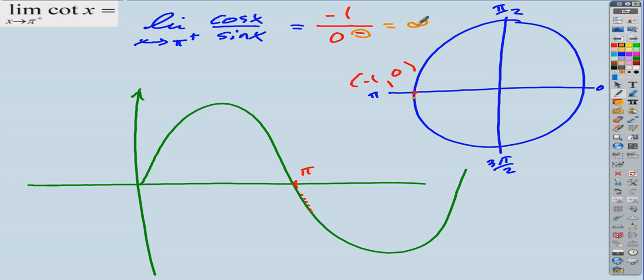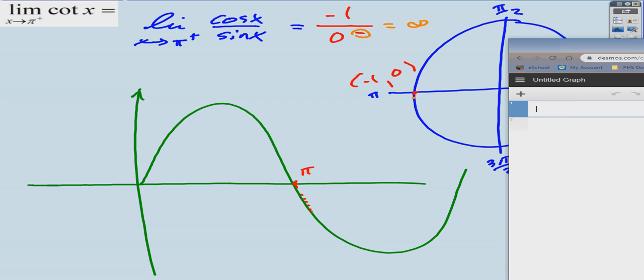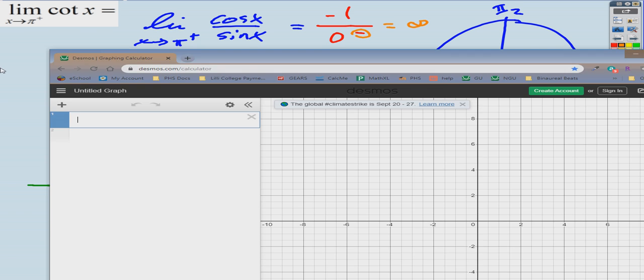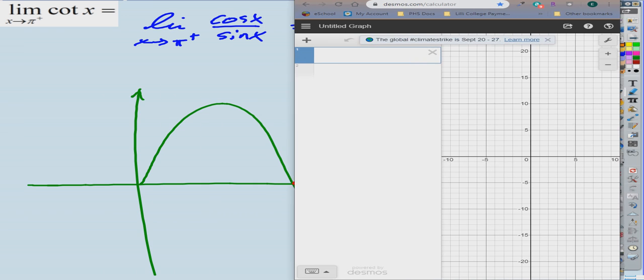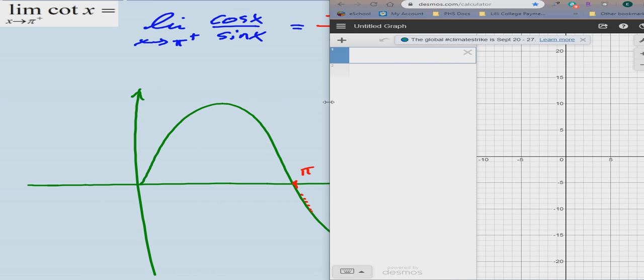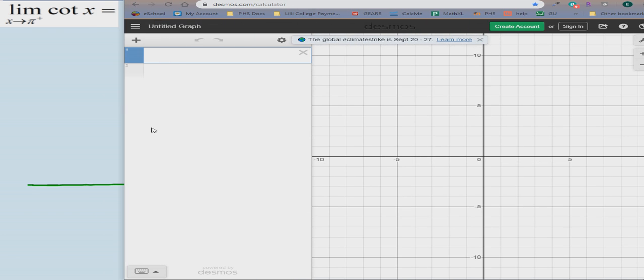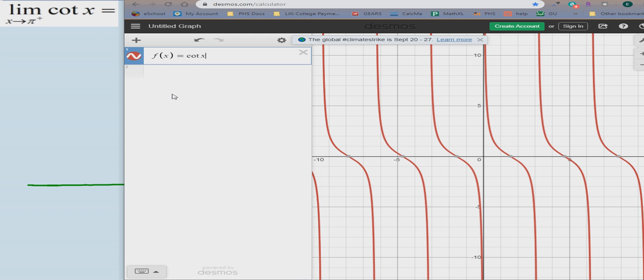And we can see that if we plug that function into Desmos. This is kind of cool in Desmos. I'll show you something. Maybe I already showed this to you. So there's cotangent x.